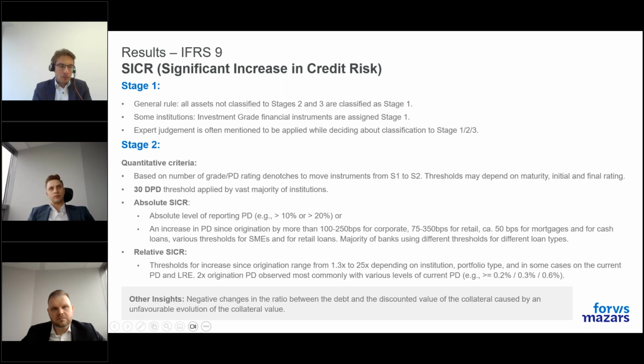For the stage 2 criteria, we split them into quantitative criteria and qualitative criteria. And we focused more on the quantitative side. A lot of those IFRS 9 related topics are covered in our semi-annual report that is available on Forvis Mazars websites across various European countries.